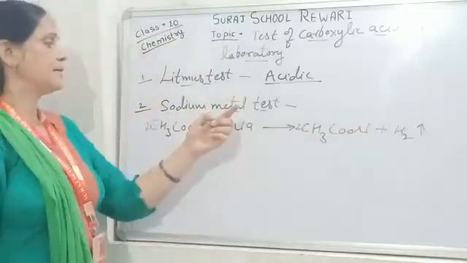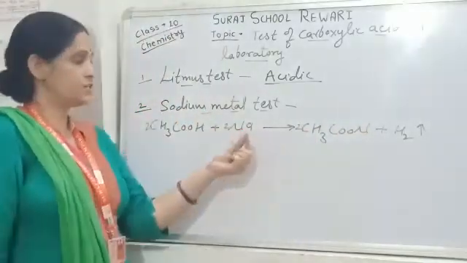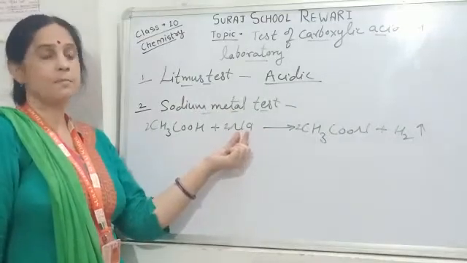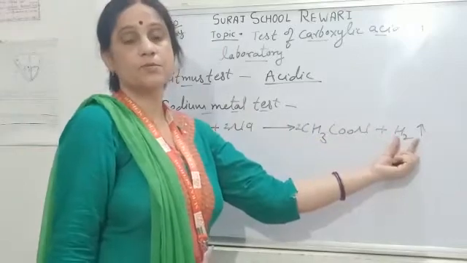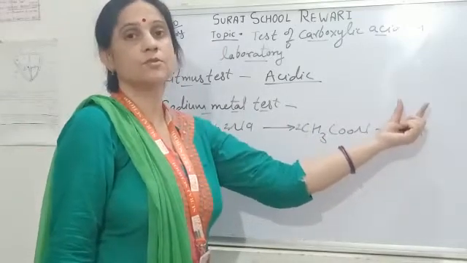So in the sodium metal test, this reaction takes place in which we put a small piece of sodium metal in carboxylic acid and bubbles of gas are produced which burn with a pop sound, which is hydrogen gas.